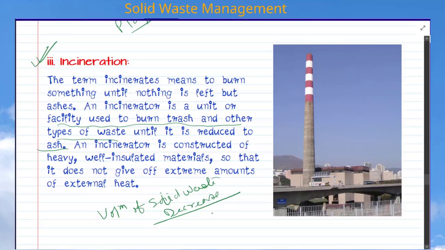The only solid thing that has to be handled is the ash produced after the burning. Generally, an incinerator is constructed of heavy, well-insulated material so that it does not give off an extreme amount of heat to the outside area.